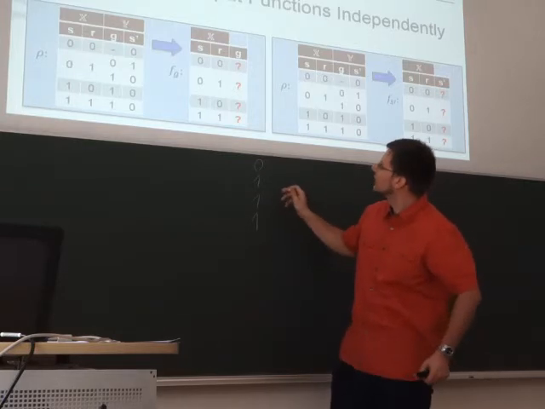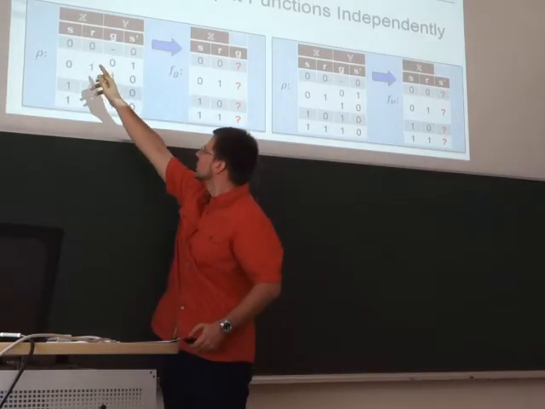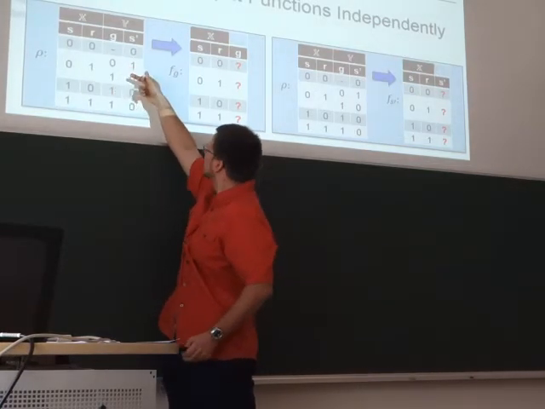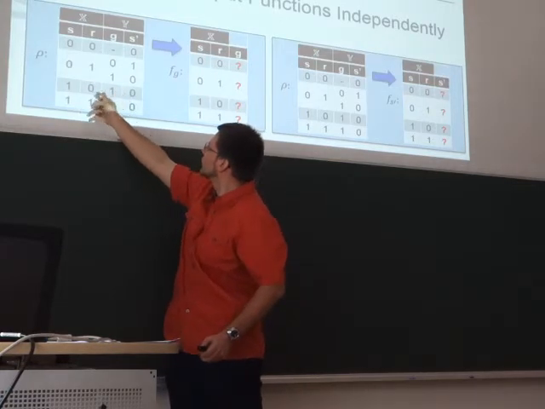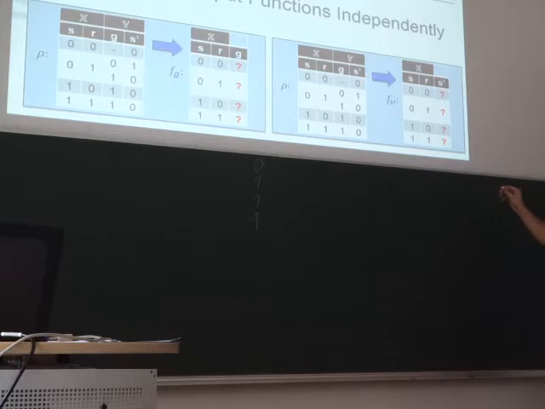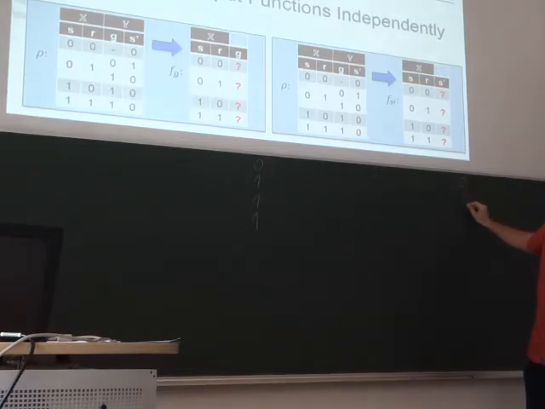Okay, yeah, that is definitely compatible because for 0, 0 we can use a 0, for 0, 1 we can use a 1, for 1, 0 we can use a 1, and for 1, 1 we can use a 1. Okay, now I'm going to do this one, and I'm going to do 0, and for the second one I'm going to do 1, 0, 0. Let's hope I didn't make a mistake.